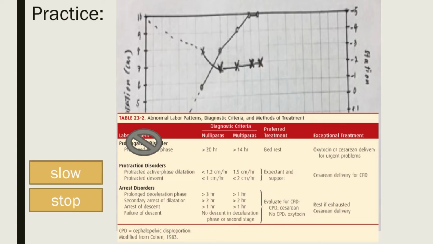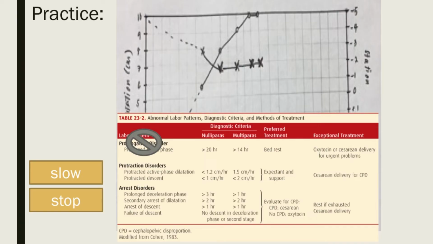Also, of course, you have to diagnose protraction disorder using the diagnostic criteria that we have. For nulliparous, a protracted active phase dilatation will be 1.2 centimeter per hour or less. For multiparous, it's 1.5 centimeter per hour or less. And for a protracted descent, for nulliparous, the descent will be less than 1 centimeter per hour, and for multiparous, less than 2 centimeters per hour.